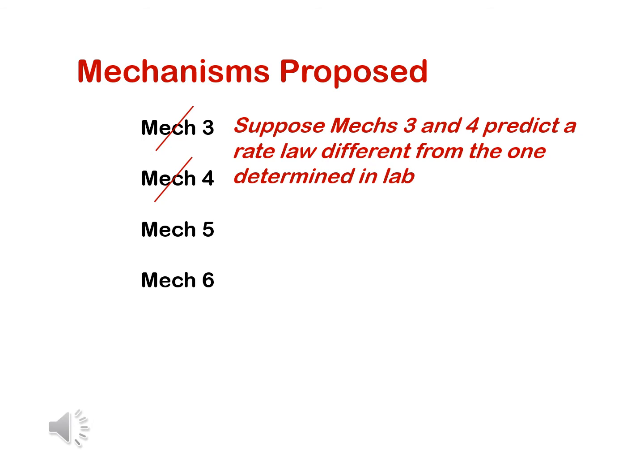Suppose that you take mechanisms 3 and 4 and combine the rate laws for each step to get the predicted rate law, and you find out that they predict a different rate law from the one you found in the lab. You then have to throw those 2 mechanisms out because the one that you determined in the lab is the one that's considered a fact.